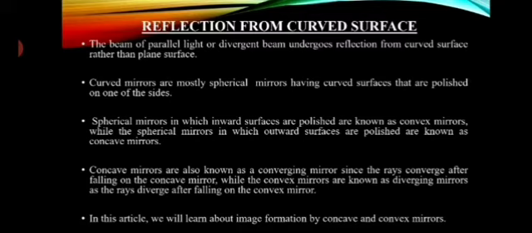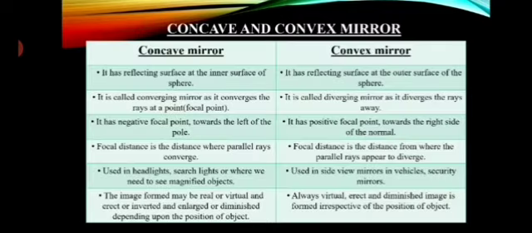Now we'll be seeing the image formed by the concave and the convex mirrors. First, let me distinguish between the concave mirror and the convex mirror. As I said, in the concave mirror, the reflecting surface is the inner surface of the sphere. So the inner surface is polished for reflection, whereas in the convex mirror, the reflecting surface is the outer surface of the sphere.